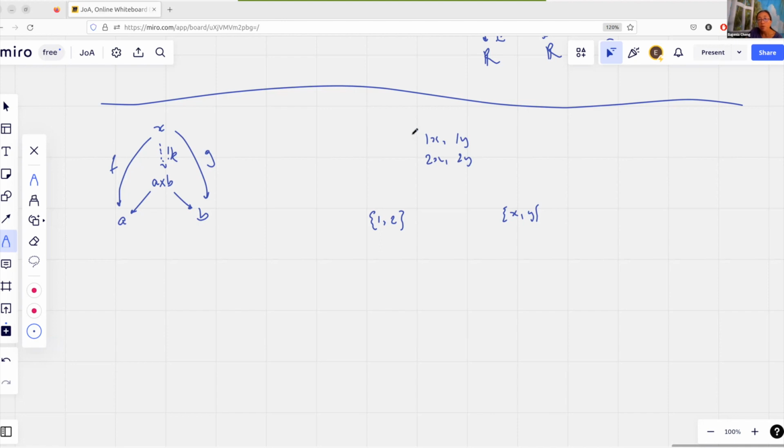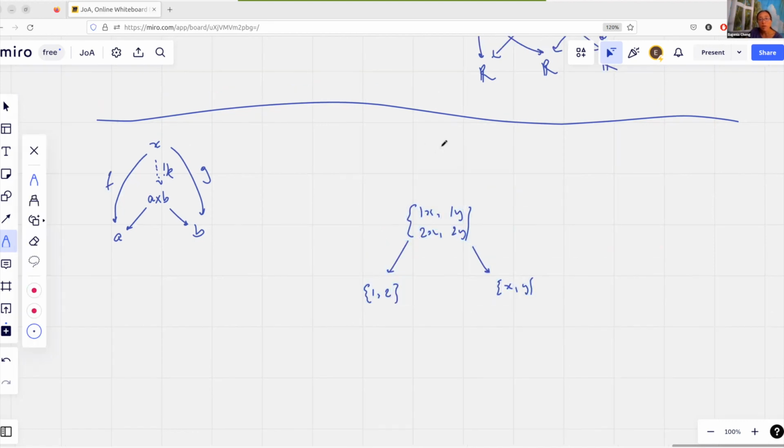Any 4 element set will do, but I'll write it like that because then it's more obvious what the projections do. This projection projects everything onto its first component, and this projection projects everything onto its second component.